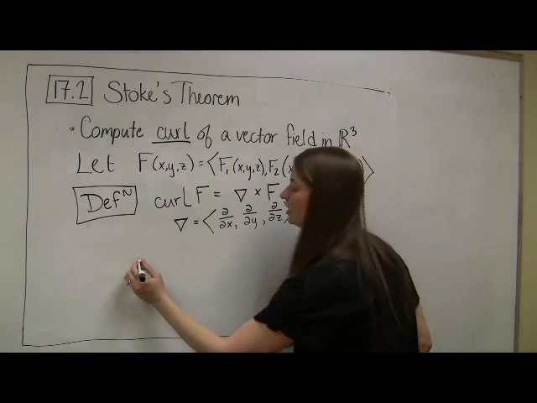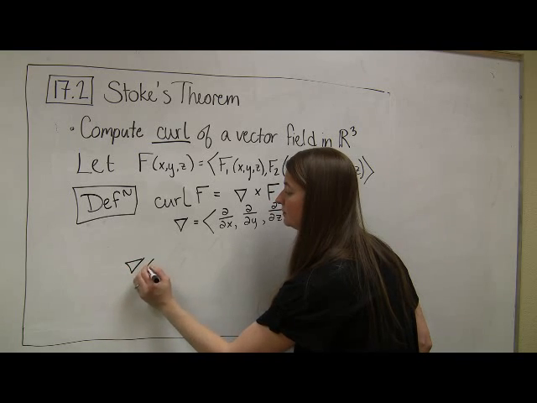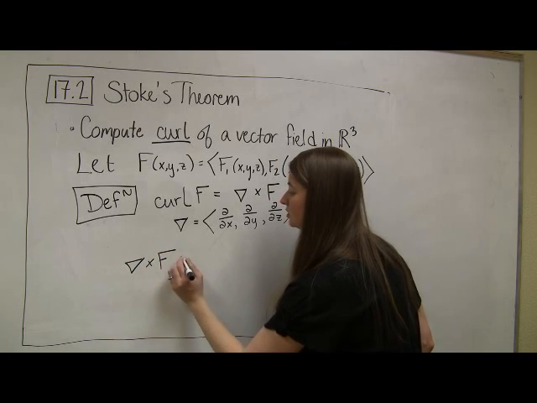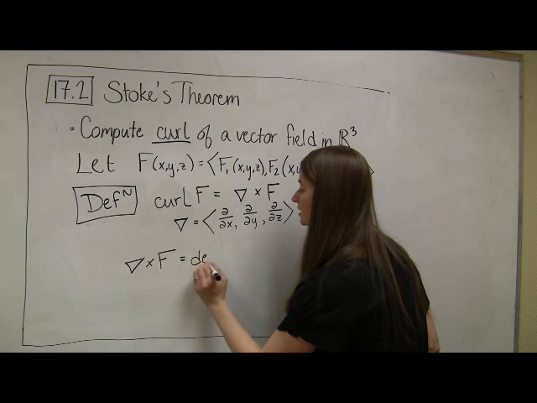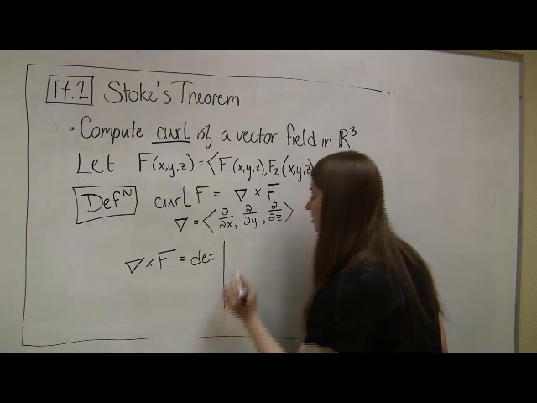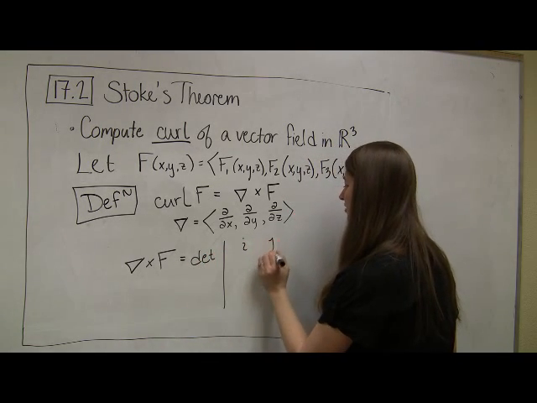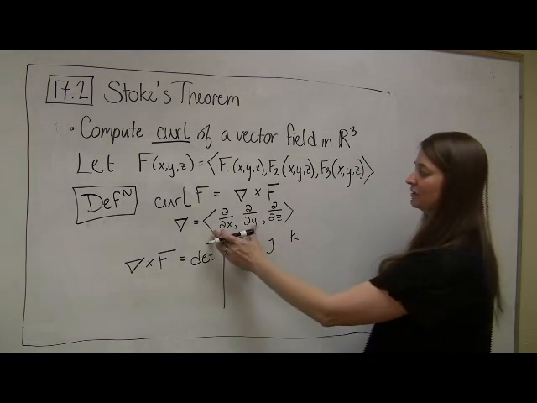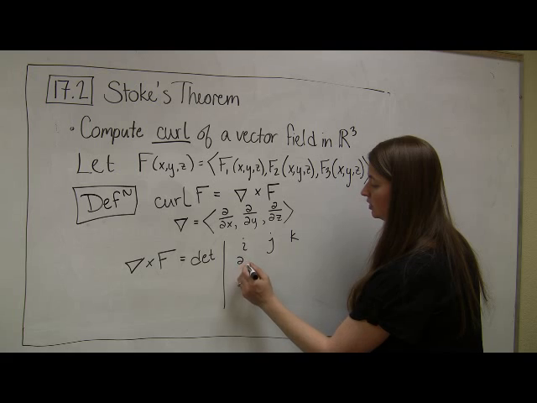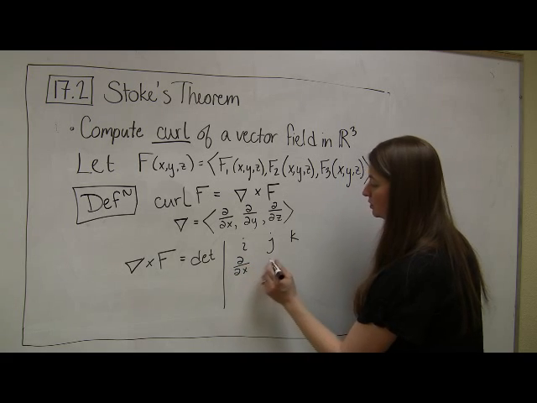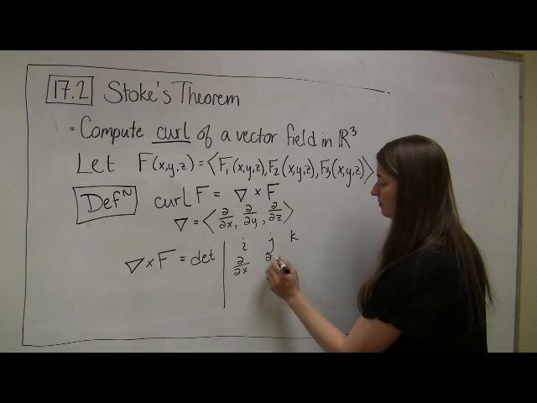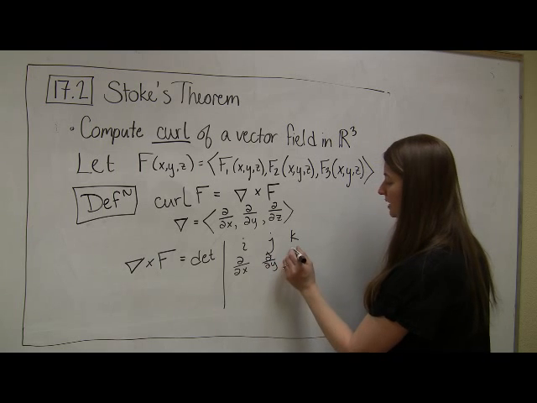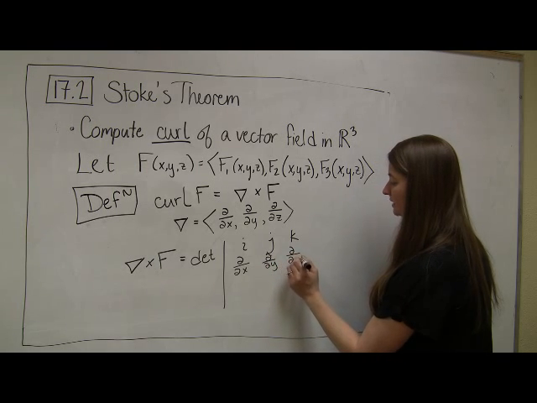So what does that mean if I take the cross product of this gradient operator with my three-dimensional vector field? Well, recall that cross products are given by the determinant of a matrix. So I'm going to compute the determinant of the matrix where I have i, j, and k in my first row. My second row is going to be this gradient operator: my partial derivative with respect to x, my partial derivative with respect to y, and my partial derivative with respect to z.